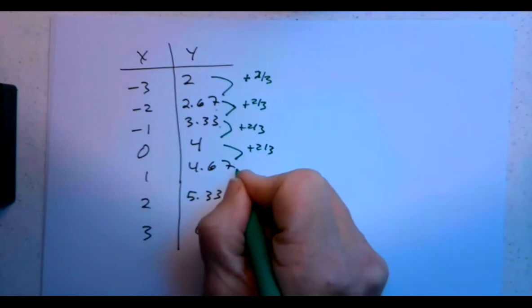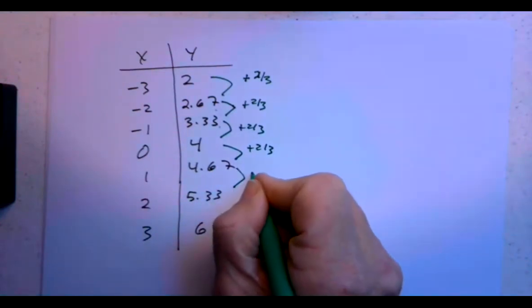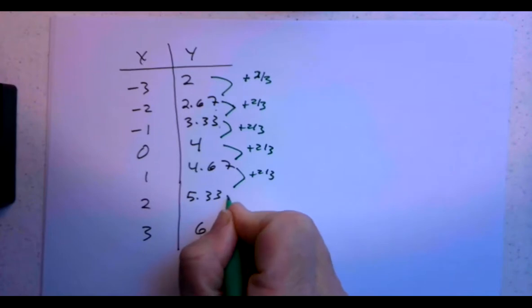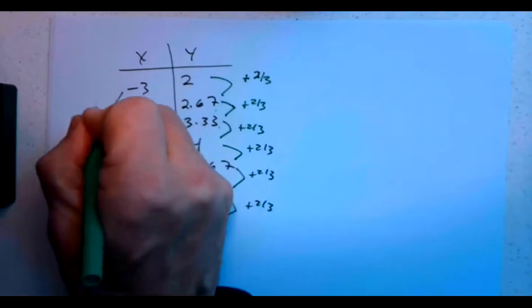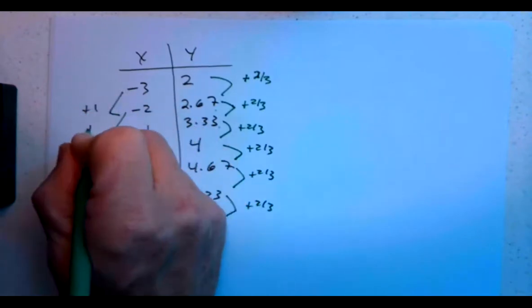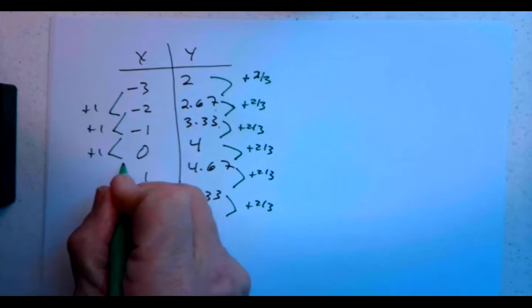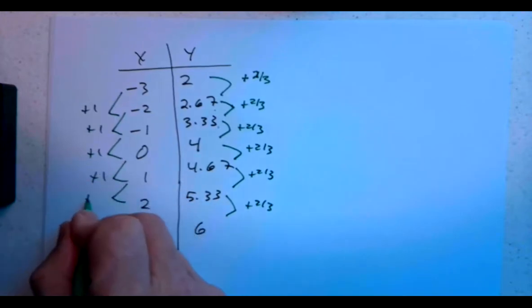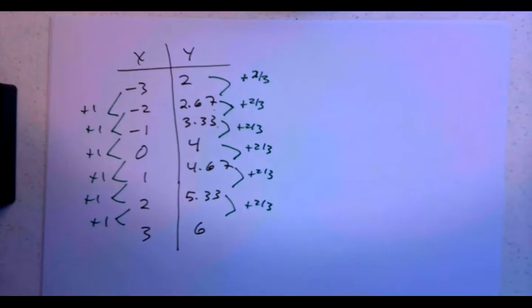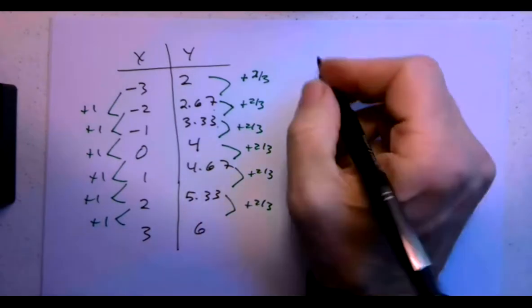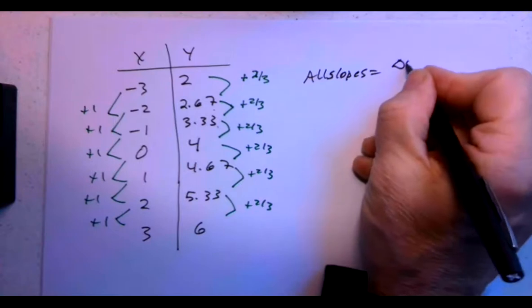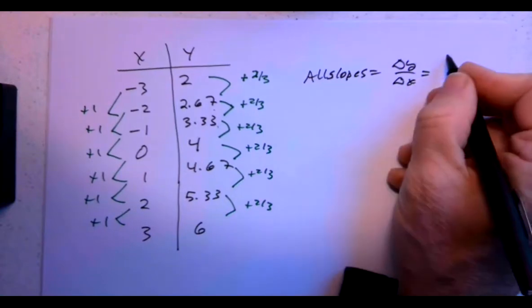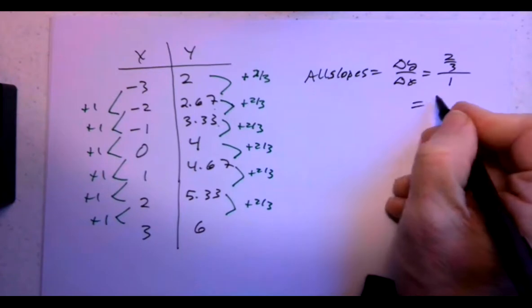Again, these are all rounded. 4.67 to 5 1/3 is up 2/3. From 5 1/3 to 6 is up 2/3. So all of my changes in y are up 2/3. My change in x here is +1, +1, +1, +1, +1, +1. So all of the slopes, you could call it 0.67 basically, but it's 2/3. So all slopes are the same, which is change in y over change in x, which in this case is 2/3 over 1, which is 2/3.